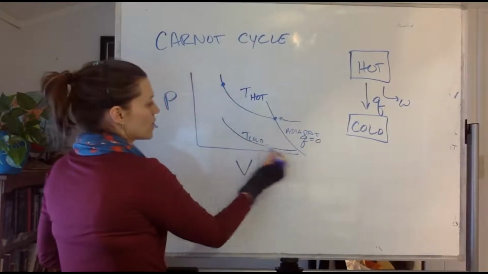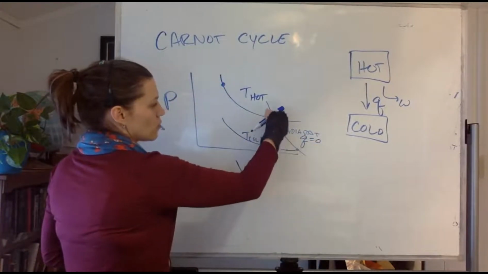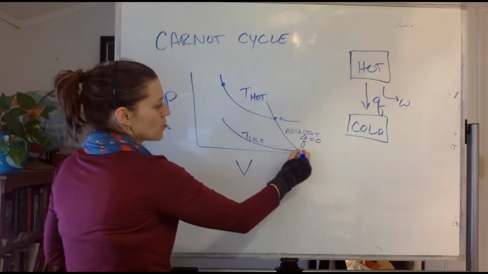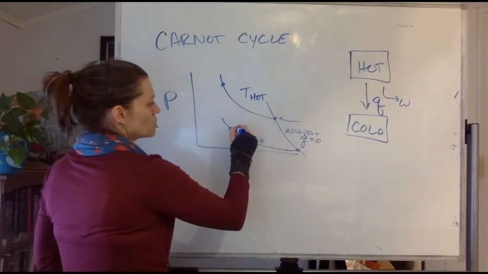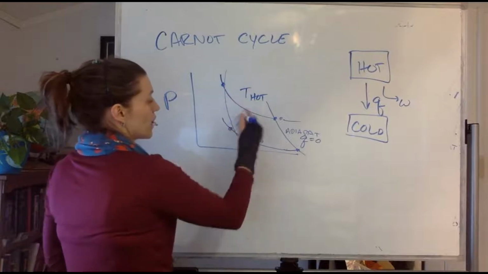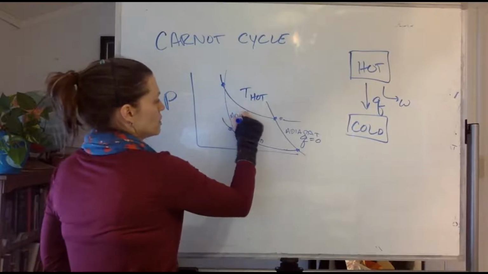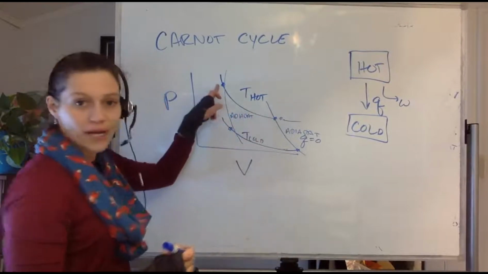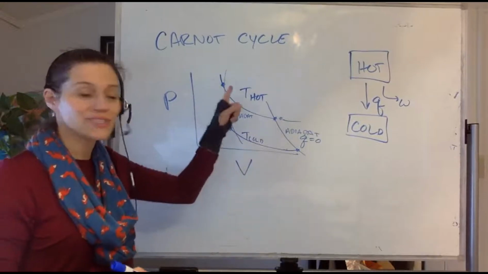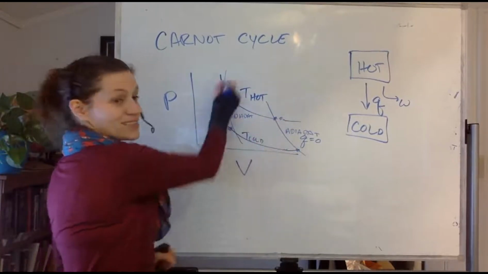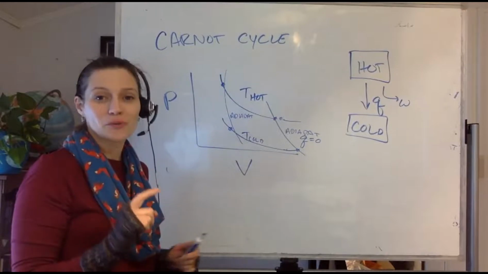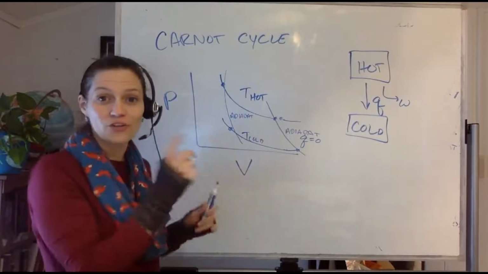Likewise, I can come back along the adiabat to this point, then back up along T cold until I hit another adiabat, and then get back up to my initial point. This creates the cycle. I'm going to switch over to an animation to really help you get this picture in your mind.